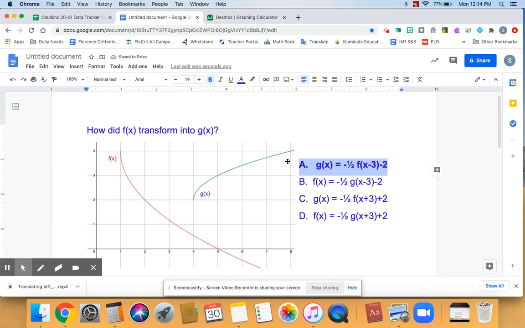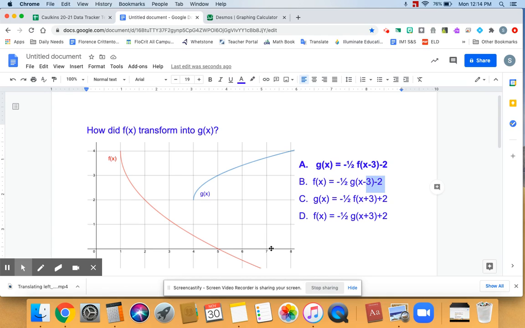The reason why this is a trick question when you see it on the SAT or something is because the next one switches the f of x and the g of x. So they're trying to confuse you. But it's not like we take g and go down 2 and right 3, because from g, if I went down 2 and right 3, I'd be all the way over here by the 7.